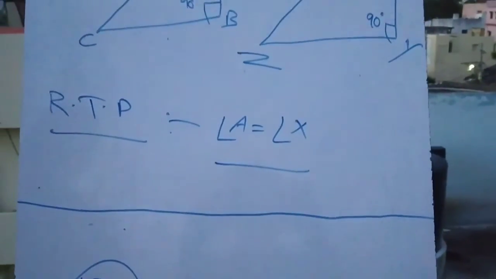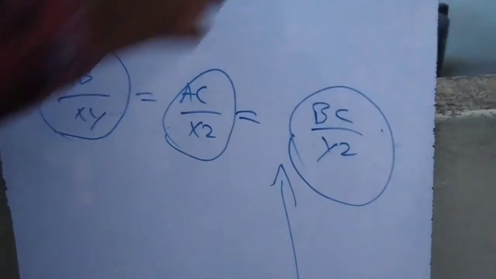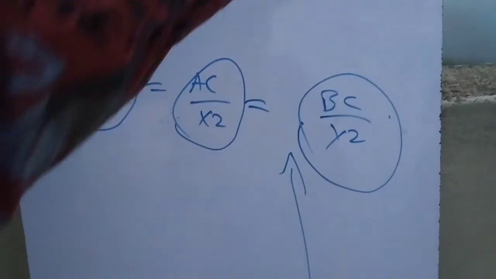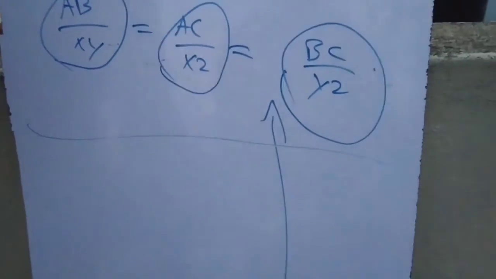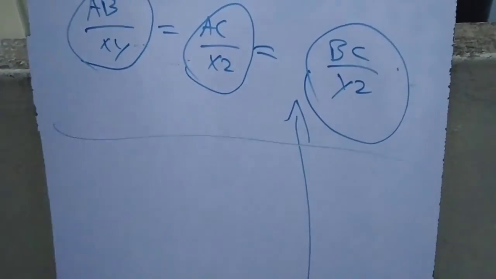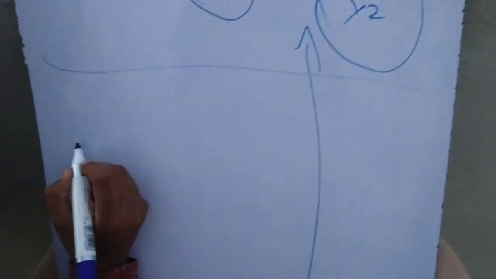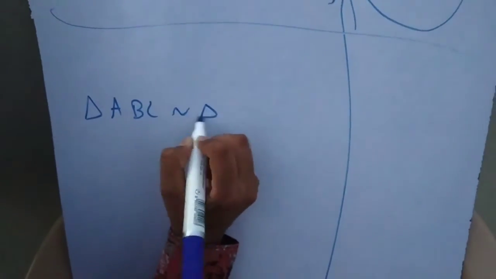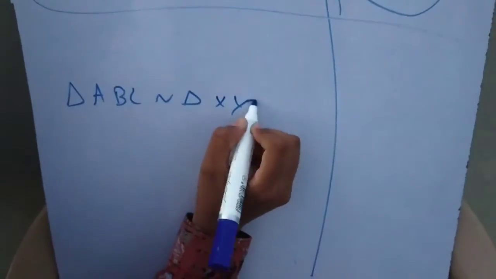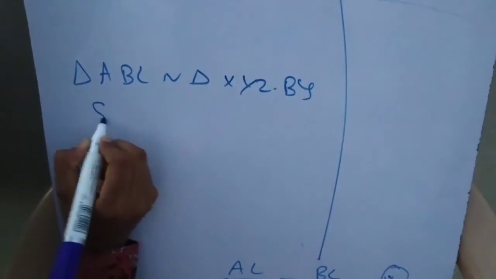According to this, all three sides of this triangle are proportional to the three sides of the other triangle. So we can conclude that triangle ABC is similar to triangle XYZ by SSS similarity.